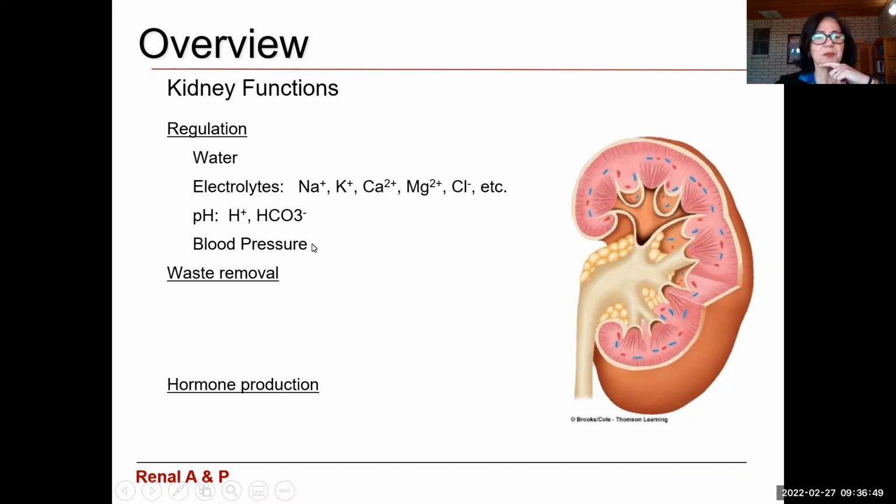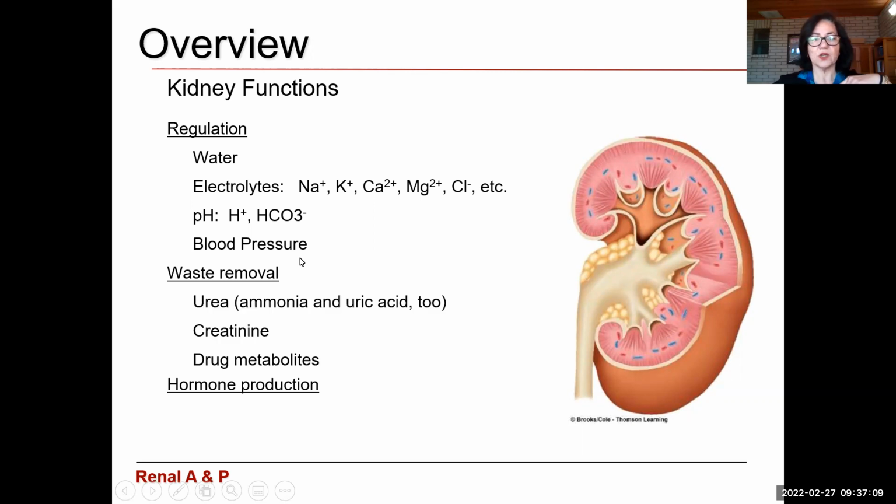Okay, and then blood pressure, I put it here. It's related to holding on to more water to increase the blood pressure or release water to decrease the blood pressure. There's also release of a hormone called renin, which I'll get to in a moment, and that's related to managing blood pressure.